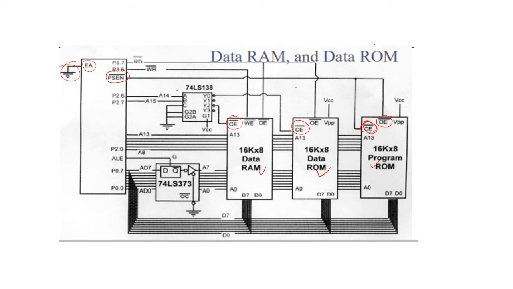Now, in order to choose the data RAM or data ROM, we need to give an active low signal to the chip enable pin of whichever we want to choose among these two. This can be done by the decoder. Here we will be using the decoder.